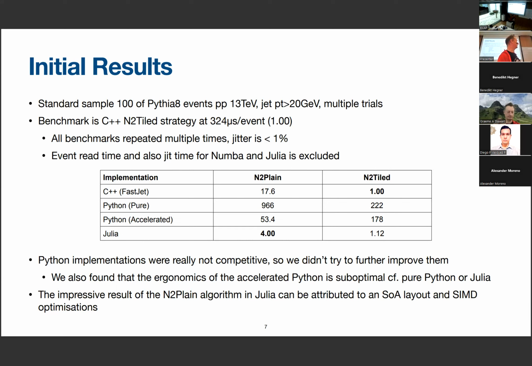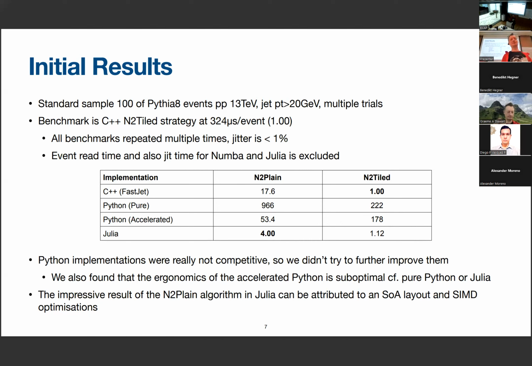Accelerated Python is a disaster here because you have this competition in the tiled version. You're deliberately reducing the amount of work which is actually done. And that means that the advantage of using Numba and NumPy shrinks away to nothing. And then you're just left with this much more complicated bookkeeping, which is still in pure Python. So it takes even longer. So this was really awful here.